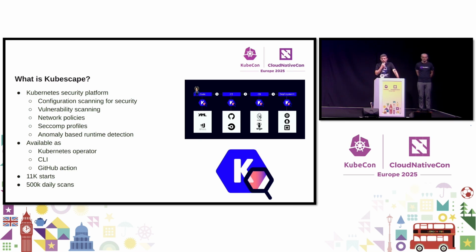Kubescape in its different versions is available as a Kubernetes operator, as a CLI tool, as a GitHub action, as a Visual Studio Code plugin. The project had a great start, and today we get a lot of love back from the community, and a lot of contributions, a lot of usage.